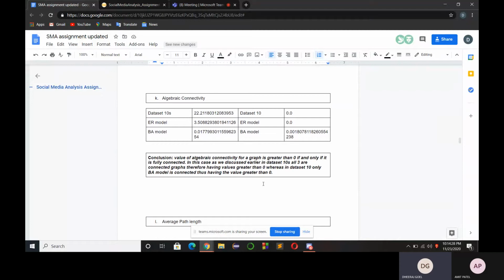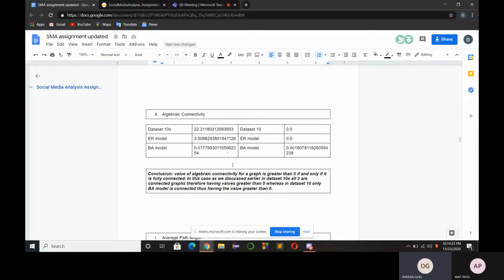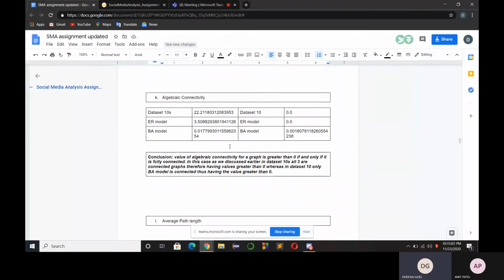If the graph is fully connected, which is decided by the size of the largest component, then the algebraic connectivity value of the graph is greater than 0. As I have discussed above, all three types of graphs are fully connected. Therefore they have values greater than 0. That is, dataset 10 has 22.2, the ER model is 3.5, and the BA model is 0.017. All three values are greater than 0 because they are fully connected graphs.